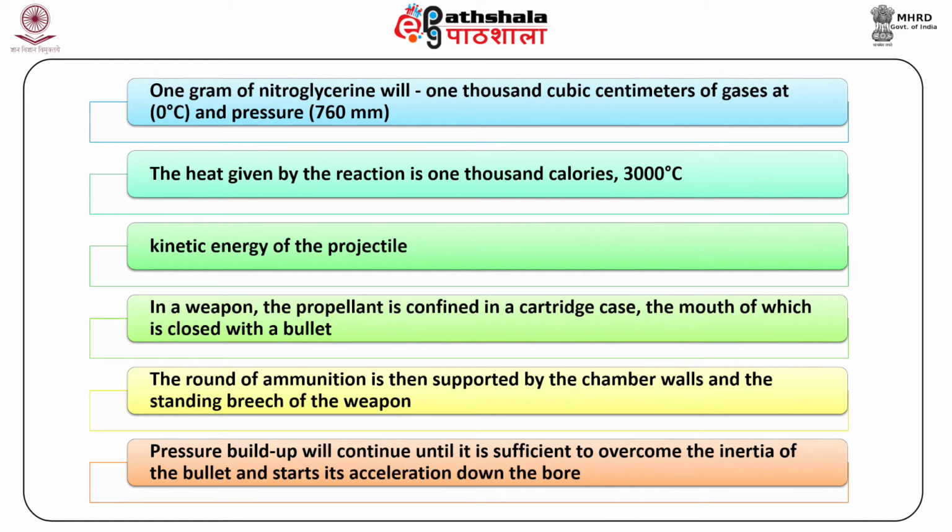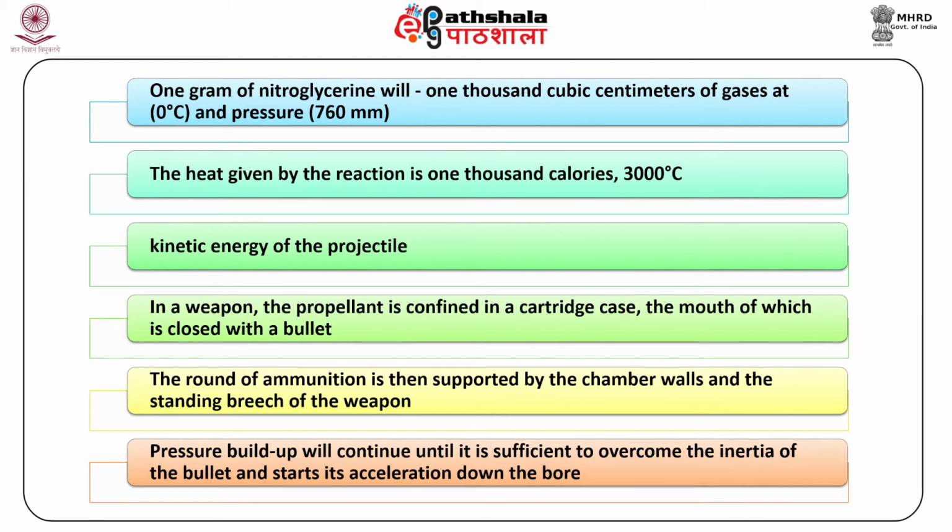In a weapon, the projectile is confined in a cartridge case, the mouth of which is closed with a bullet. The round of ammunition is then supported by the chamber walls and the standing breech of the weapon.